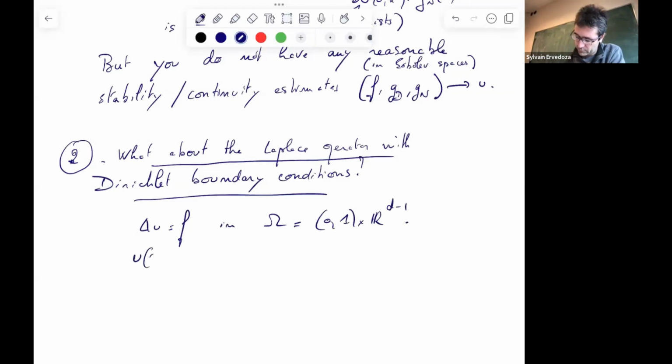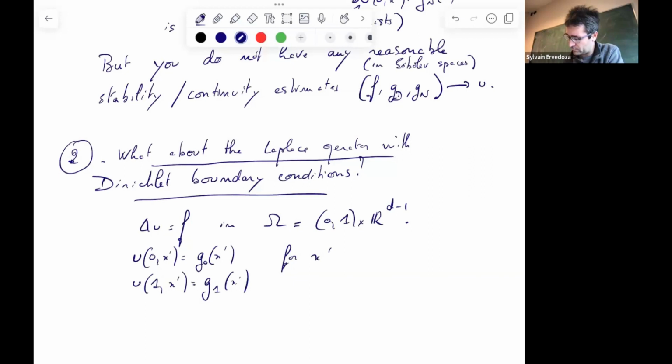I have u(0, x prime) equal to g0(x prime), u(1, x prime) equal to g1(x prime), for x prime in R^(d-1). So this is, let's say, the usual elliptic problem where you have Dirichlet boundary conditions on the boundary.